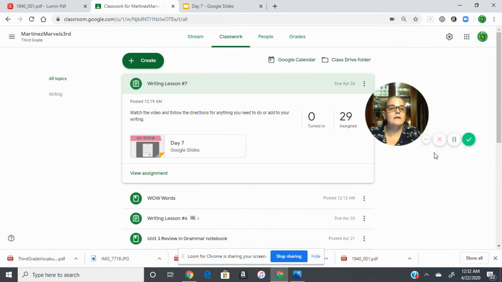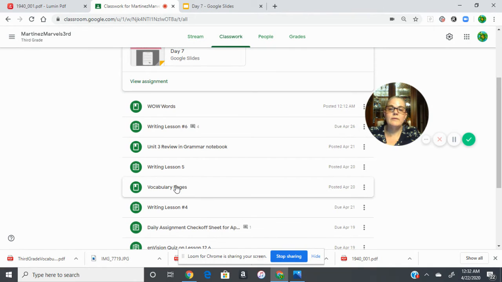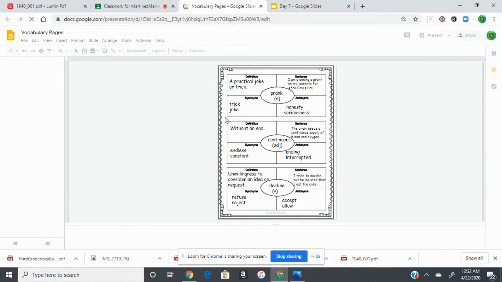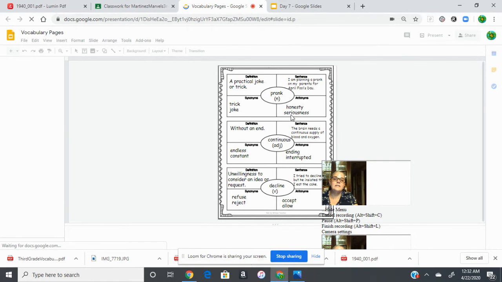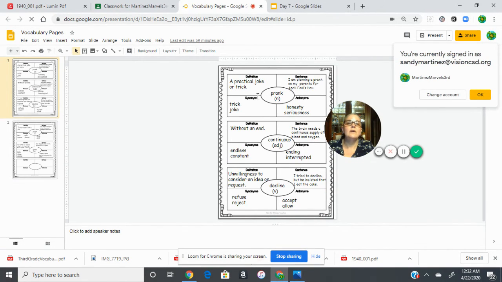Then going down here, you'll find vocabulary pages. So if we open that, you should be able to see everything filled in. There's our definition. There's our synonyms and antonyms. There's our sentences, using them in a sentence. So a practical joke or trick is called a prank.